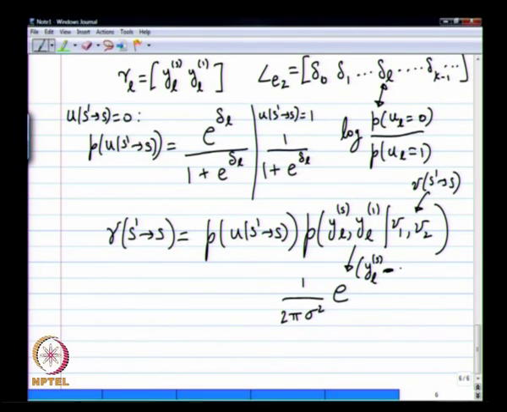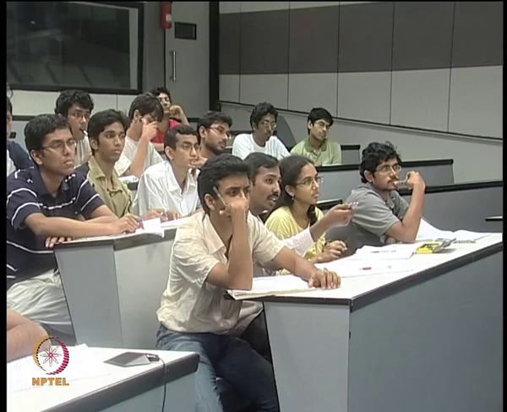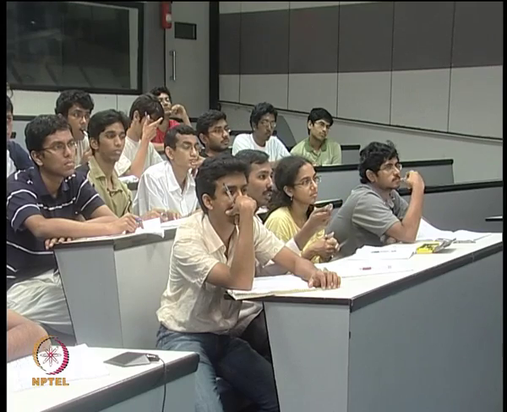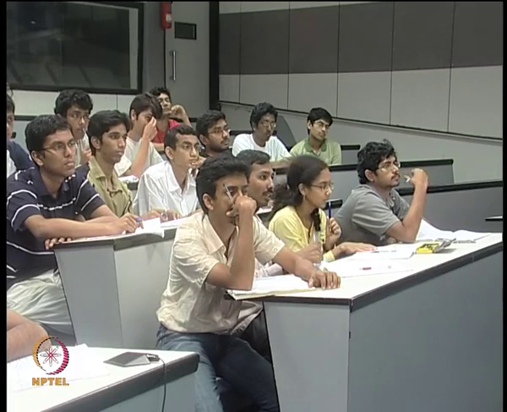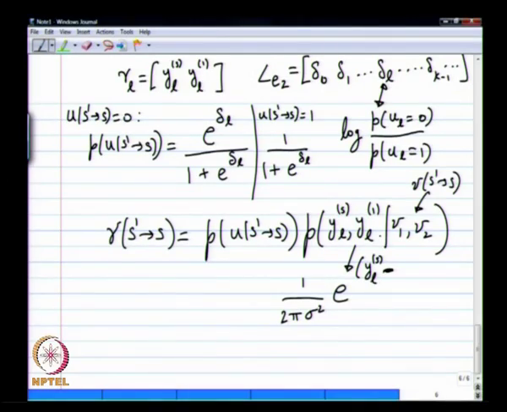Do I have a notation for that? R is nothing but y. Y is basically my received value. V1 V2 is now in bits, 0 or 1, and when I write minus here, I have to write 1 minus 2 V1. So maybe we can let 1 minus 2 V1 be W1.